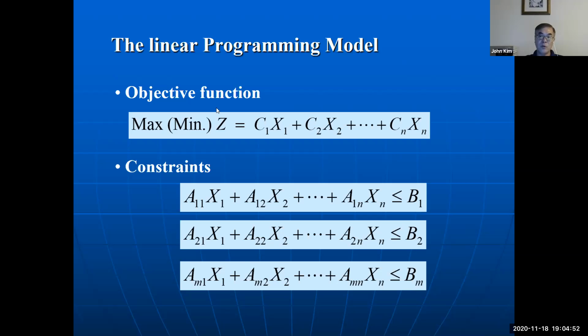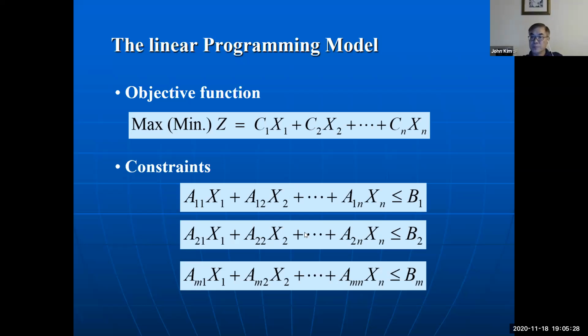We call this formulation. So first we need the objective function. If it is a maximization problem, then max Z, and for a minimization problem, then min. Then the objective function looks like this, and then we need a limited resource part. We call that the constraint part. So something limited, less than something, like this.